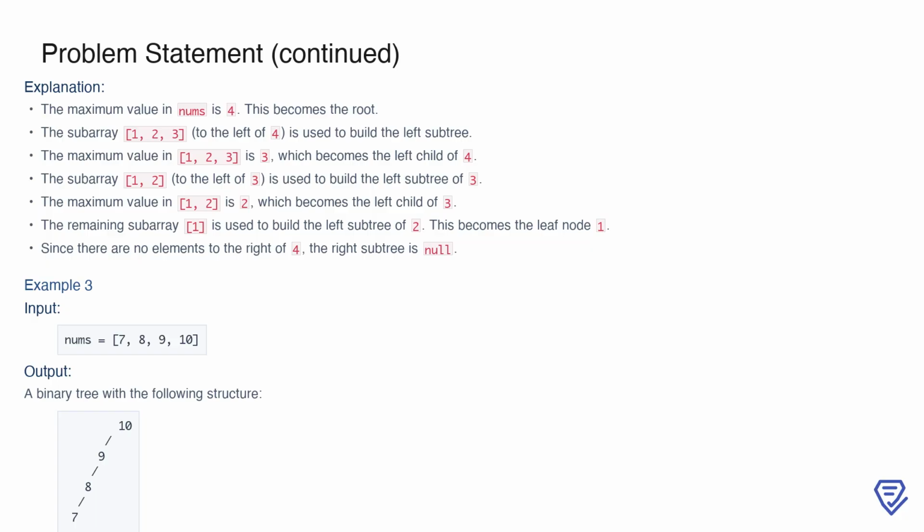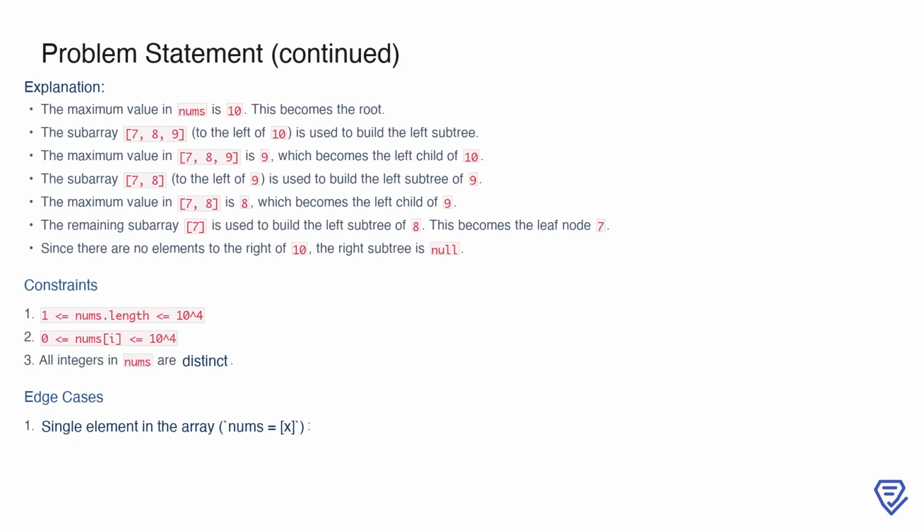The elements to the left of 3, 1, 2, are used to build its left subtree. Here, 2 is the maximum, so it becomes the left child of 3. Finally, the remaining element, 1, becomes the left child of 2. There are no elements to the right of 4, so the right subtree is null. This results in a left-skewed tree where all nodes only have left children.